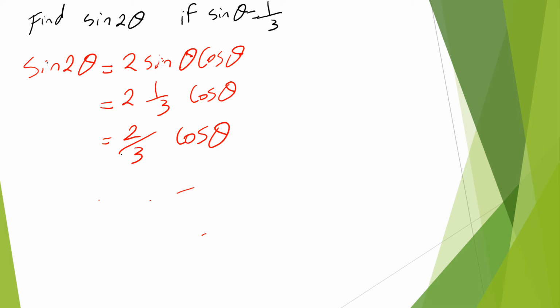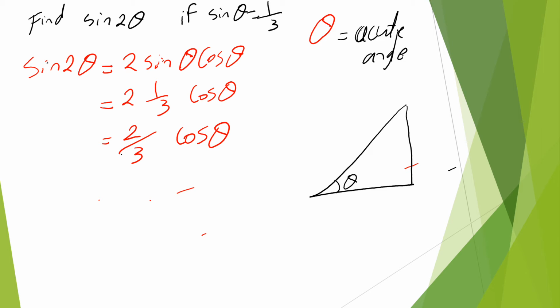Now the other piece of information in that question says theta is an acute angle. So theta is an acute angle. Okay, so to find the cosine for that theta, knowing the sine is 1/3, you will have to use your Pythagoras. Remember trig ratios are used for right angle triangles.